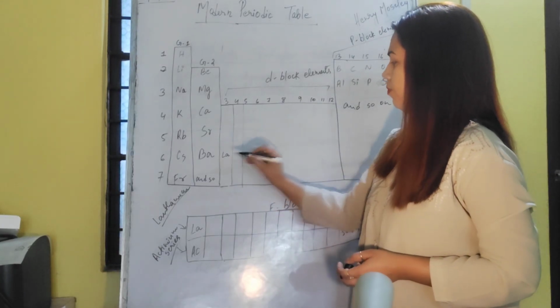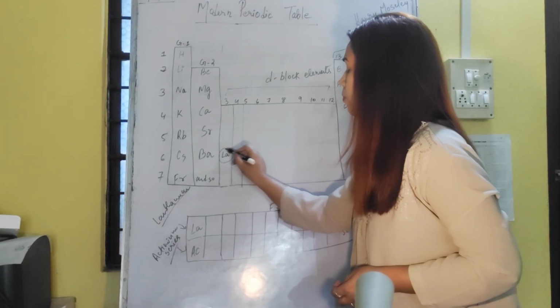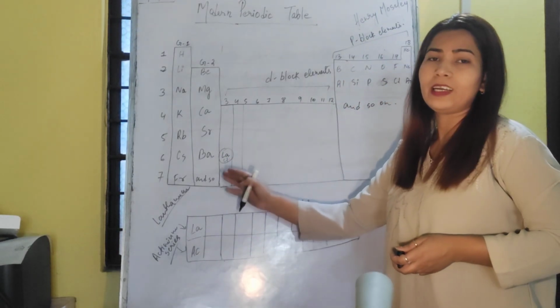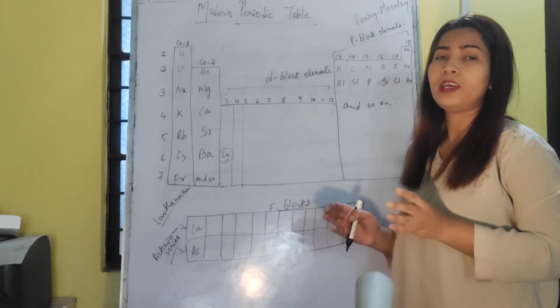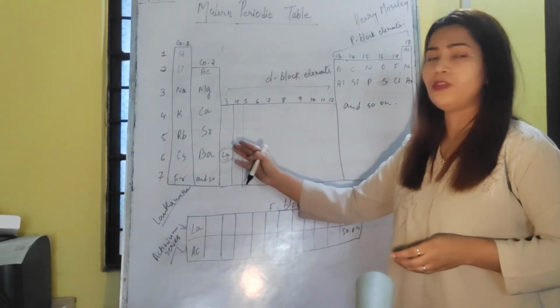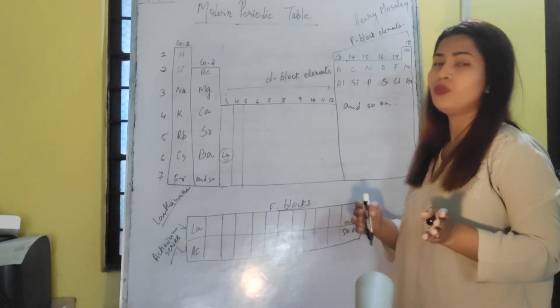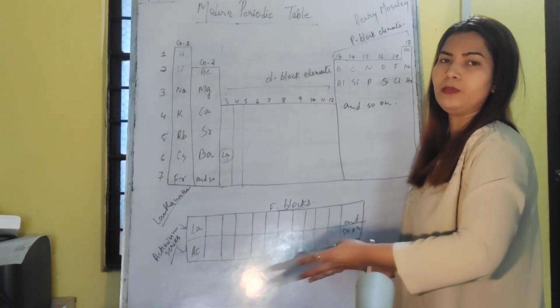Sorry, the atomic number of lanthanum is 57. After lanthanum, there were around 14 elements which had similar properties to lanthanum. So if we would place those 14 elements in the periodic table, this would be a huge periodic table.